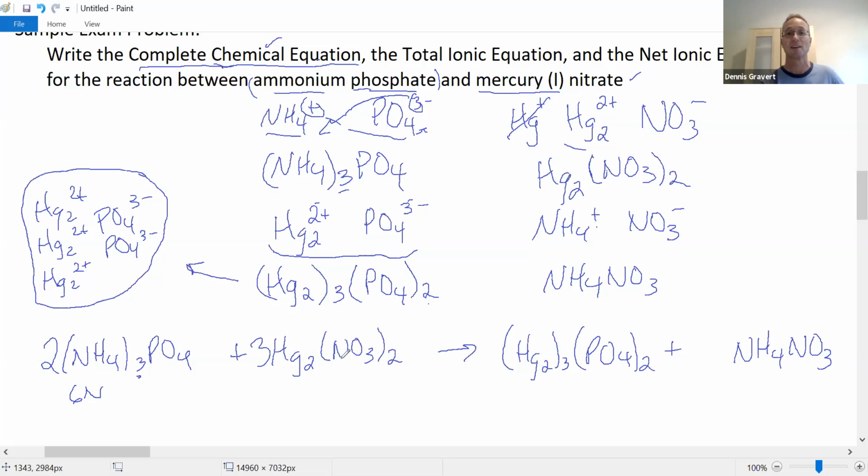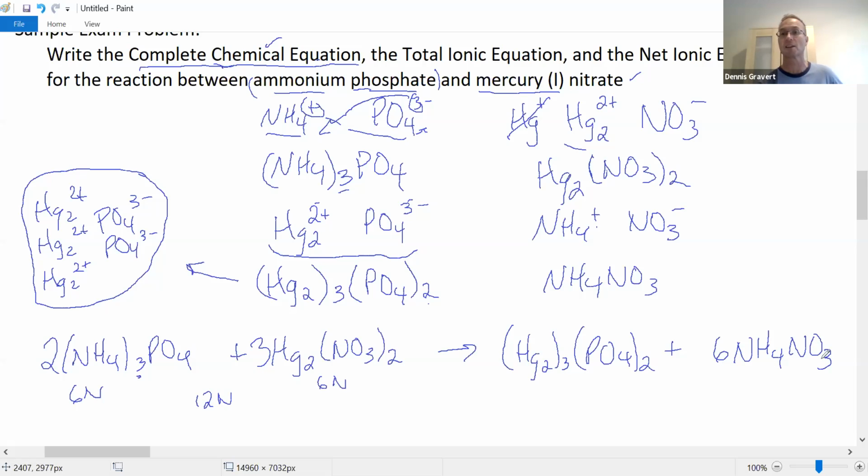There's 2, and a big 3 out front. There's also 6 N's. There's a total of 12 nitrogens here. On the right-hand side, there's no nitrogens in mercury 1 phosphate, but there's 2 of them in ammonium nitrate. I need to get 12, not 2. 2 times 6, though, is 12. Nice. Okay, nitrogens are balanced.